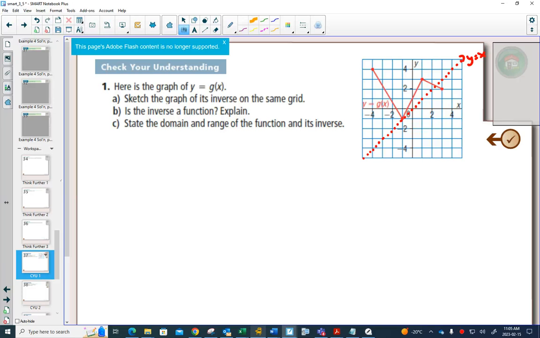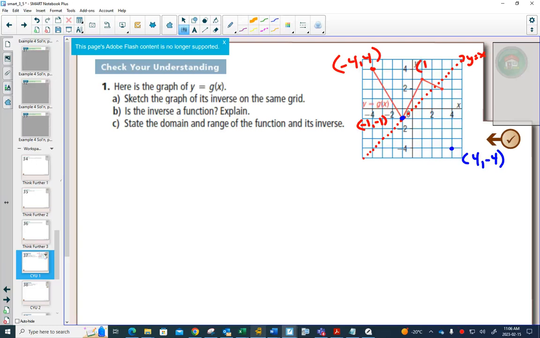So the other note that we wrote for graphically is that any point that you have, so for example, here I have -4, 4. On the inverse, you're going to switch the x and the y coordinates. So if I have -4, 4, and I switch them, can you see that you would now have 4, -4? This point, -1, -1, when I switch them, well, it's still going to be -1, -1.